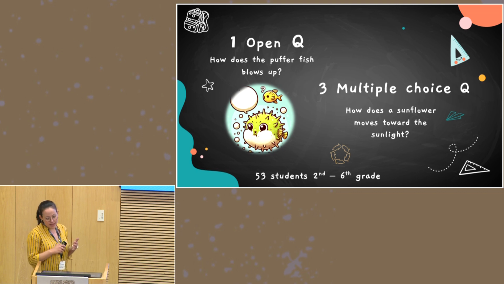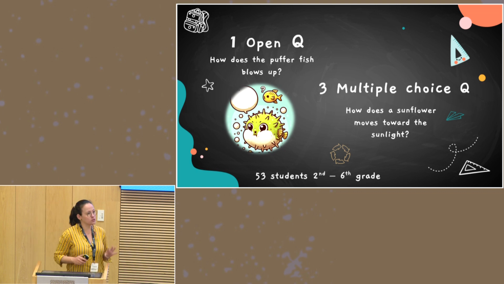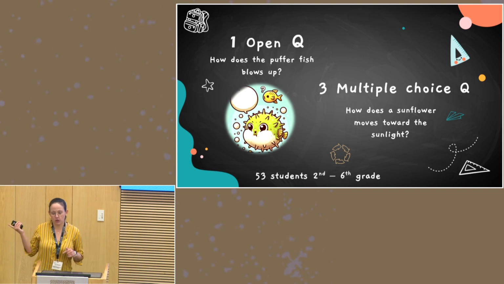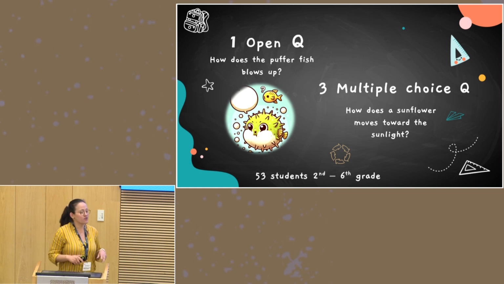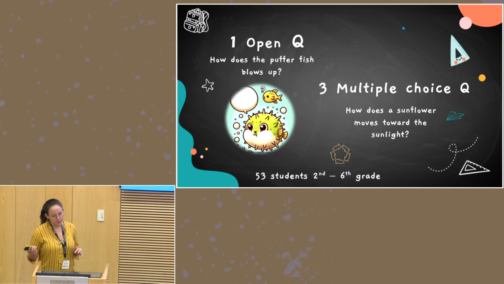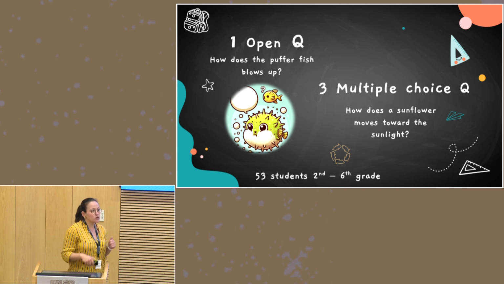And then we asked them 3 multiple choice questions about phenomena such as the one I showed you before, and we gave them 4 different types of explanations. 2 of them were mechanistic, and 2 of them were non-mechanistic. After they said if they accept or reject every explanation, we asked them: why do you accept it? Why do you reject it?